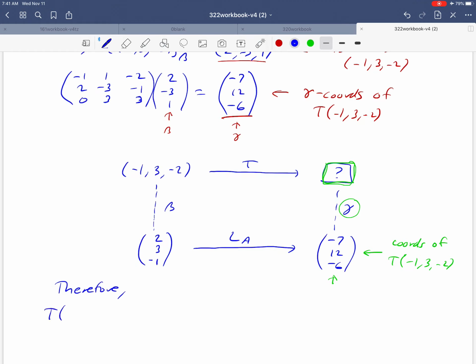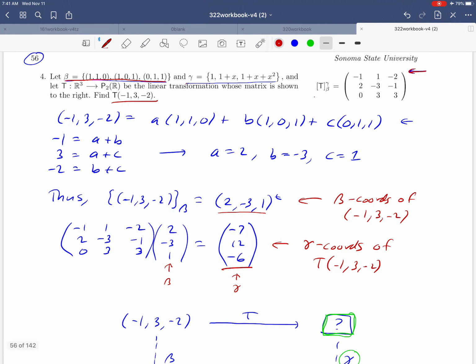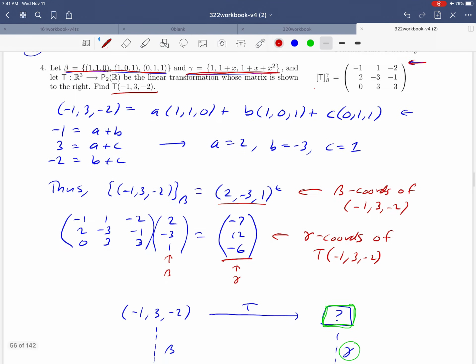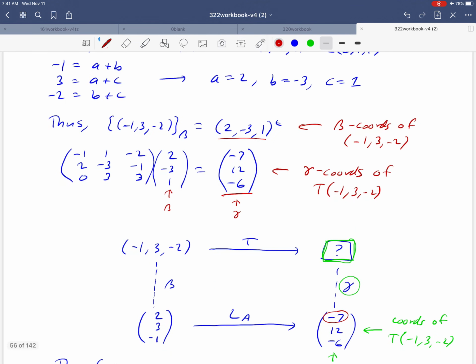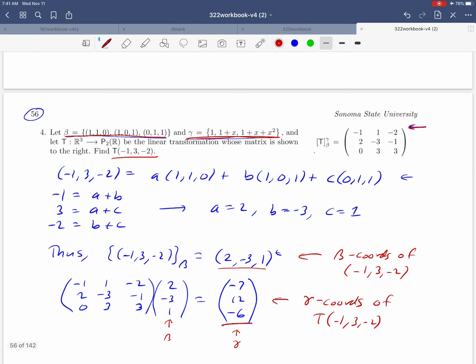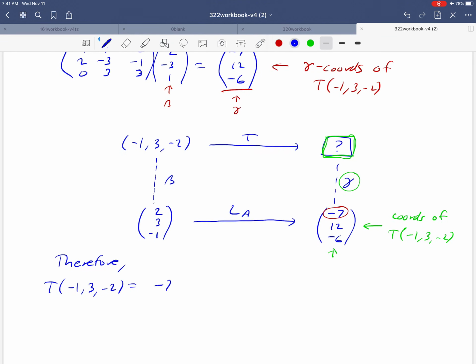So the last step here is just to notice that T of (-1, 3, -2) we can get by taking -7 times our first vector in gamma. Let's see, what was gamma again? I'm not going to be able to get this on the same screen, but -7 is going to get multiplied by this, that's our first piece, -7 times 1.